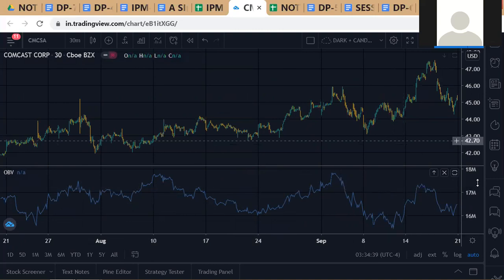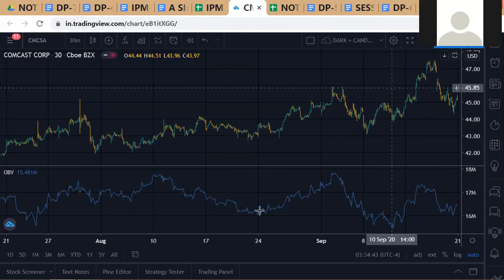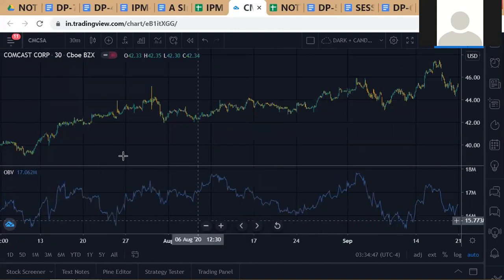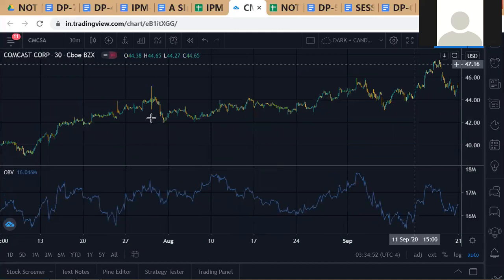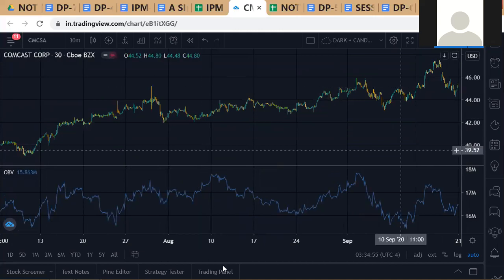If you're going to approach this from a mean reversion point of view, it's going up, that means you want to be a seller, because you're a mean reversion trader. It's going up, you want to be a seller.